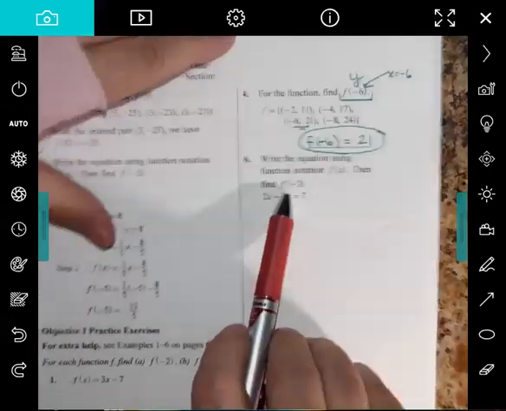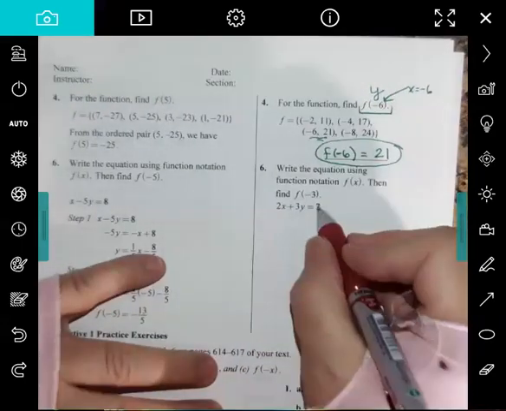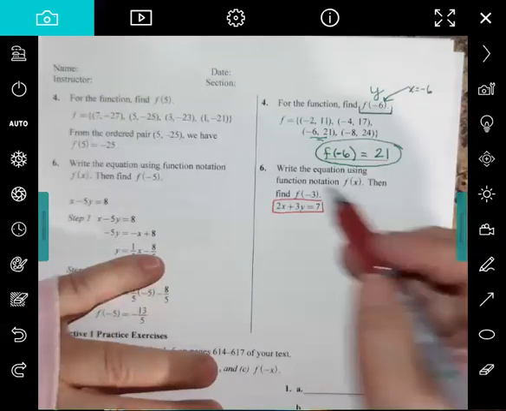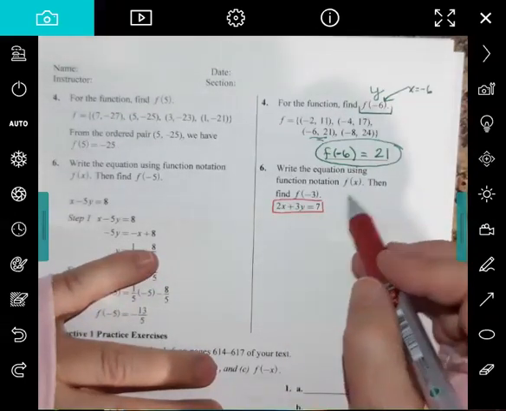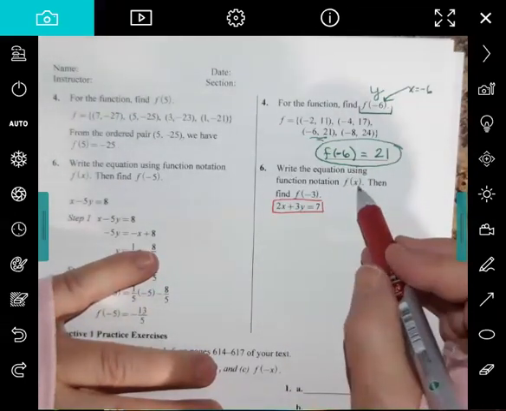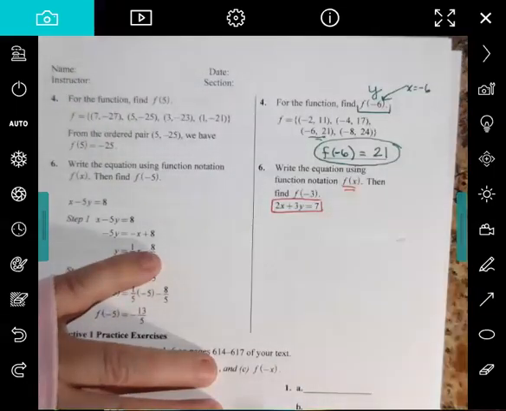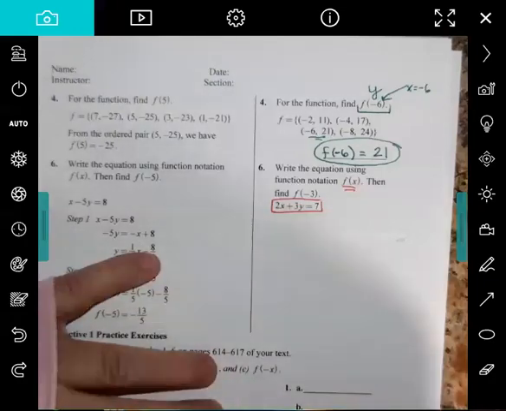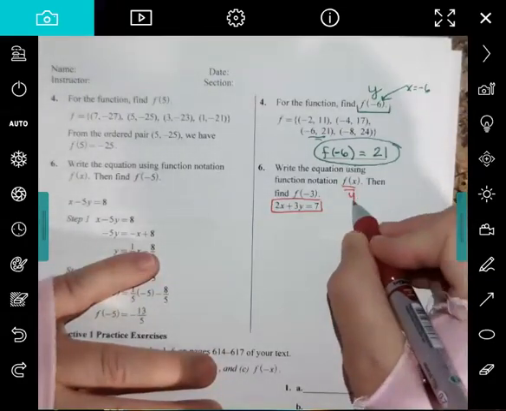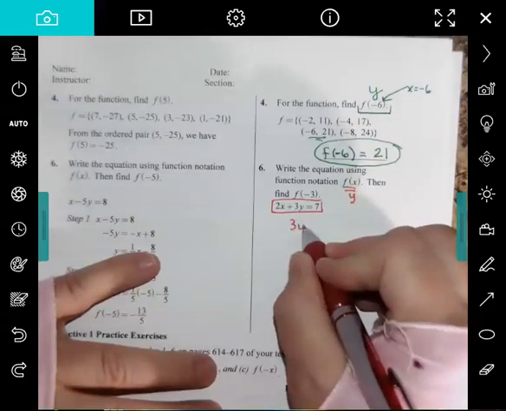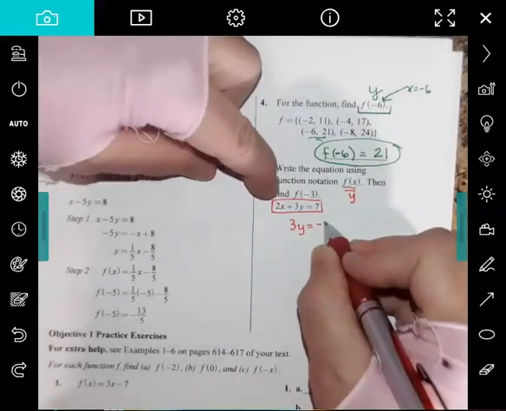Okay, let's look at this. Here's my function. Oh dear. Write the equation using function notation f of x. Then, okay, so we have two parts. First I need to figure out f of x. That's another name for y. So first I'm going to solve this for y. 3y equals, subtract the 2x over here.